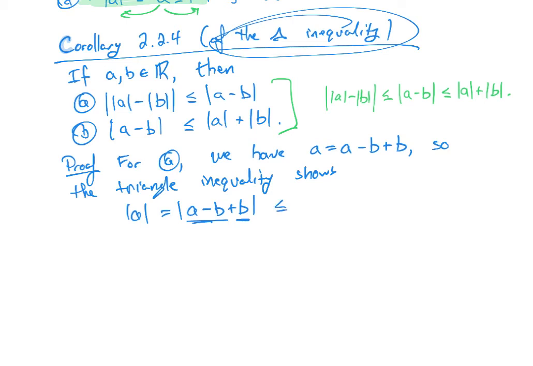It's less than or equal to the absolute value of A minus B plus the absolute value of B. Okay. So, what do we have? The absolute value of A minus the absolute value of B is at most the absolute value of A minus B.